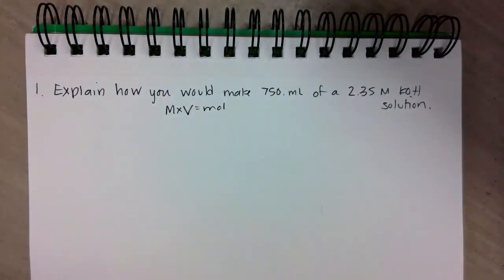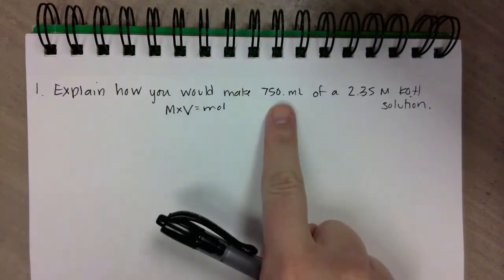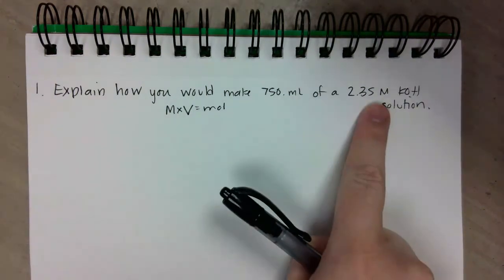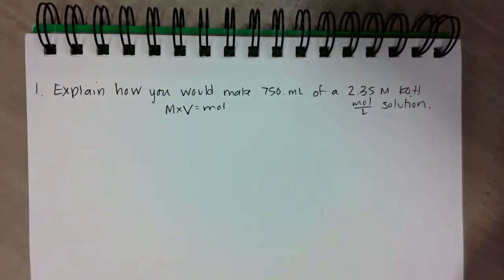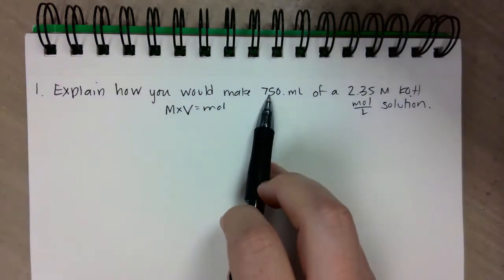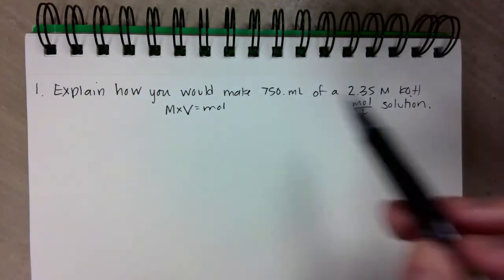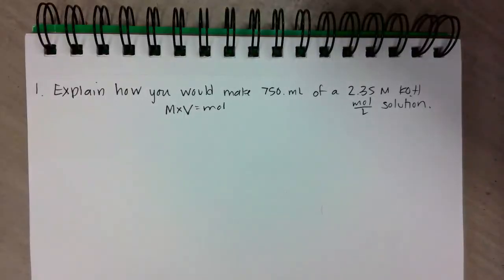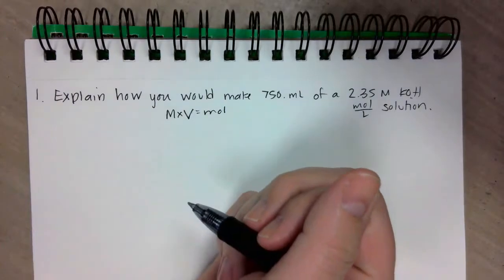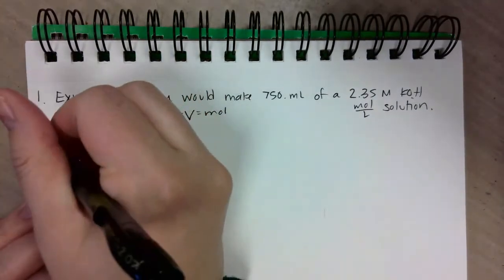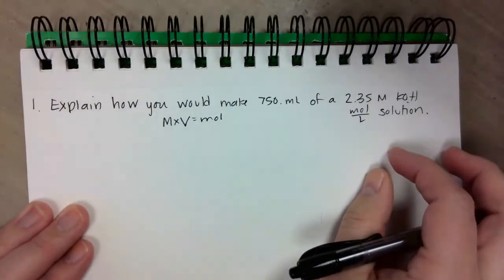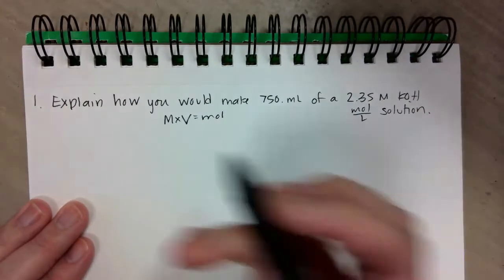Now the kicker with this is that it has to be in the same units. So this is milliliters here. Molarity, if you remember, is in moles per liter. So you've got two options here. You can either convert 750 milliliters to liters, and that's easy enough to do, or I'm going to show you a little shortcut that I like to do because I sometimes don't feel like converting. So if I take my molarity times my volume, and I'm going to write my volume first because it's not a conversion factor, so it doesn't really matter which way you write it, but this is my personal preference.